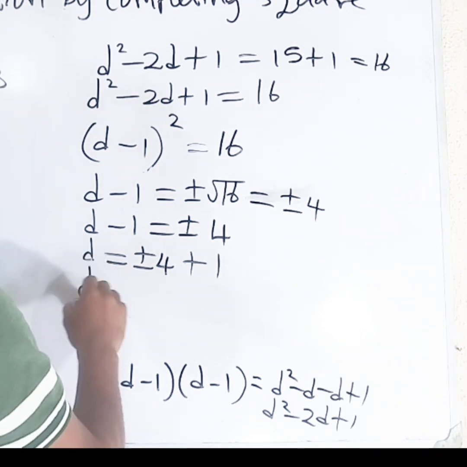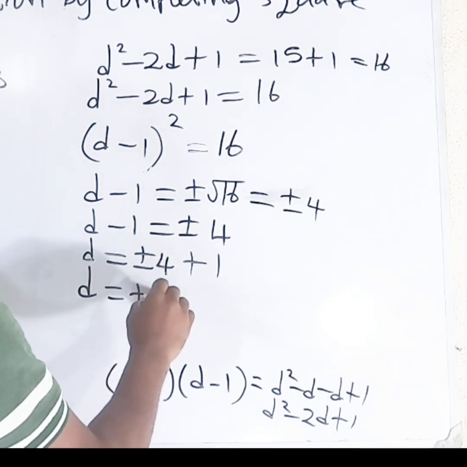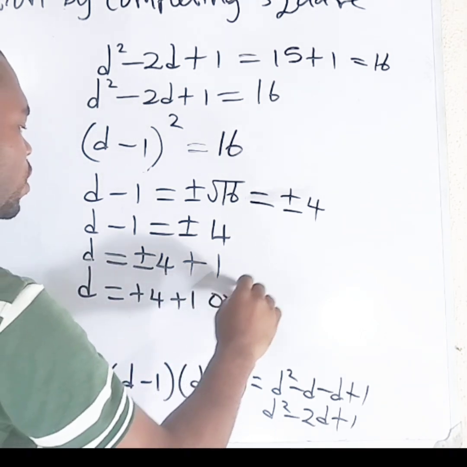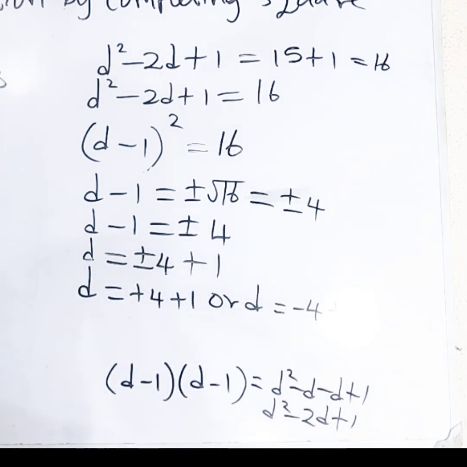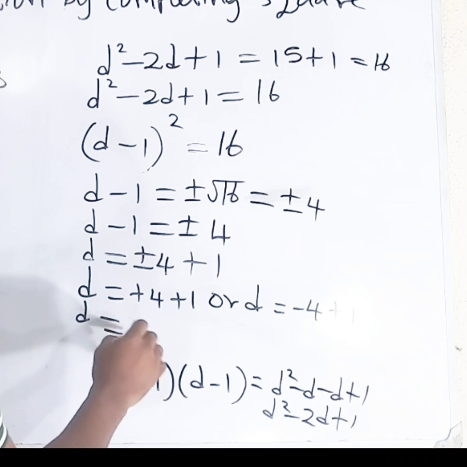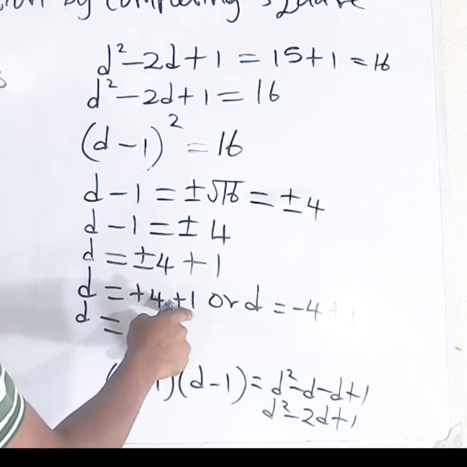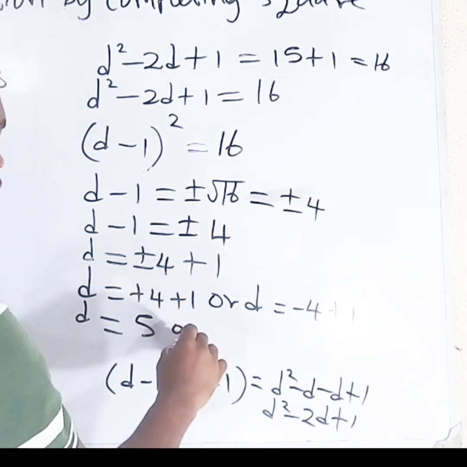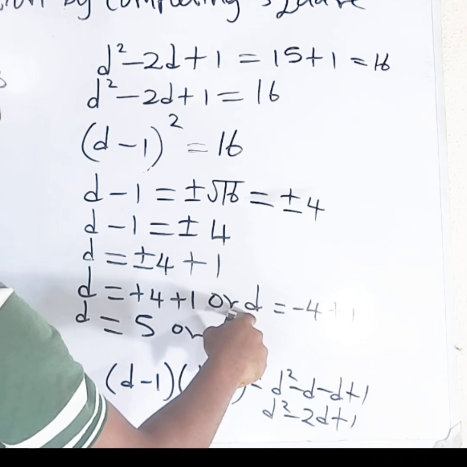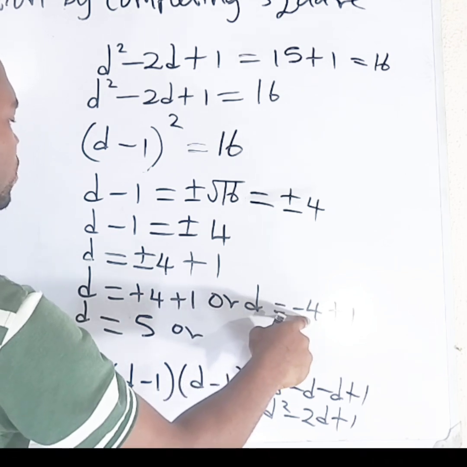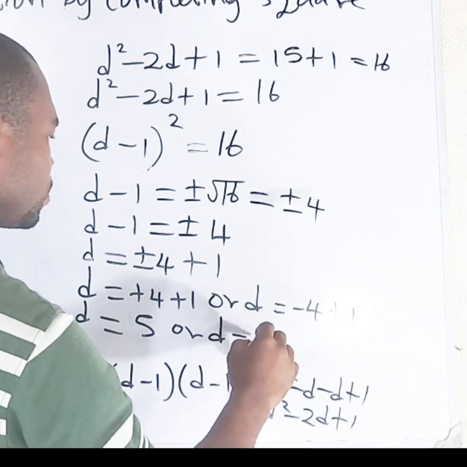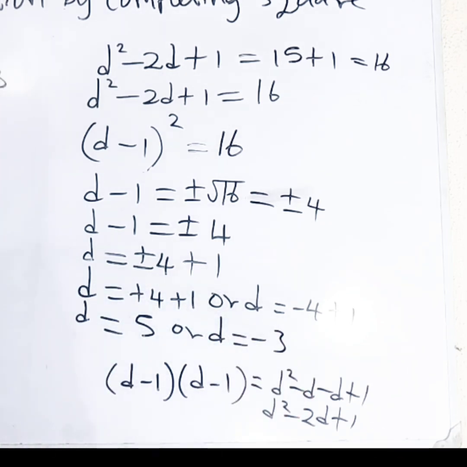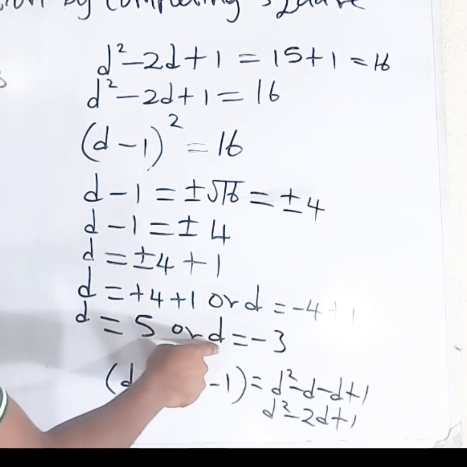So our d can be equal to plus 4 plus 1, or d will be equal to minus 4 plus 1. Plus 4 plus 1 will give you 5. Or minus 4 plus 1 will give you minus 3. So the answers we have is that d is equal to 5 or d is minus 3.